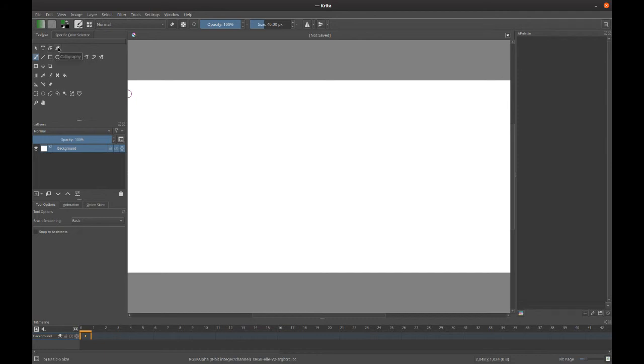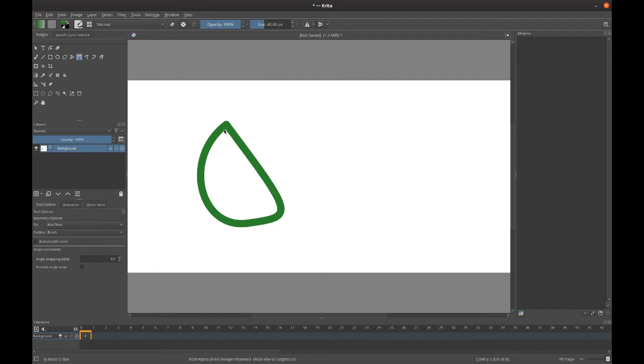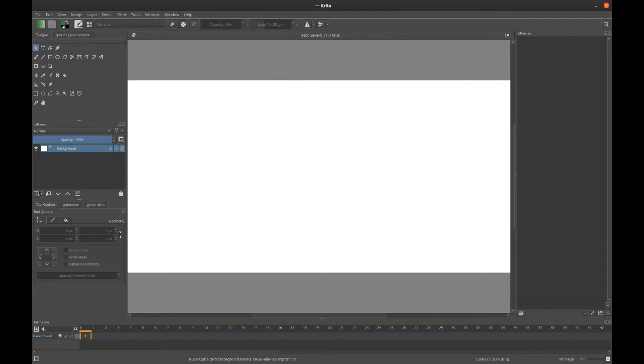With this tool? This tool. Bezier curve. Start point, end point, control points. Oh. Vector layer.